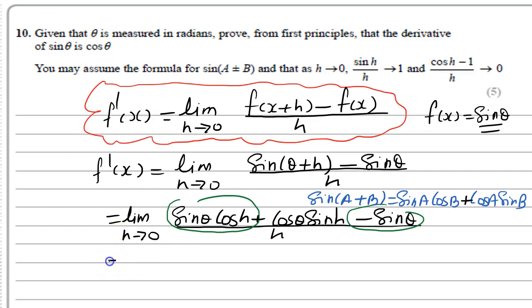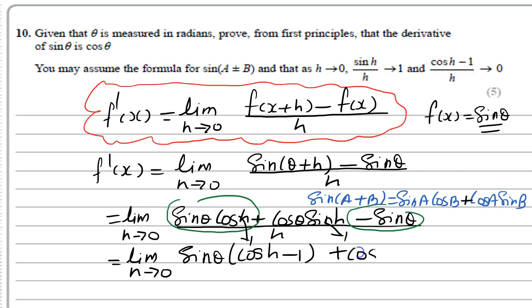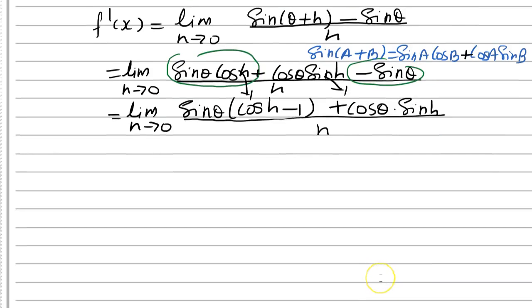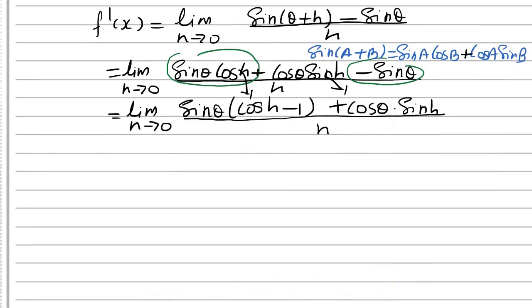So let's take limit h tending to 0. Sine theta I have taken here. So what is left here? It is cos h minus 1. And this term here, that is cos theta sine h, and it is divided by h here. So far I think it is okay. Now let's move on to the next.